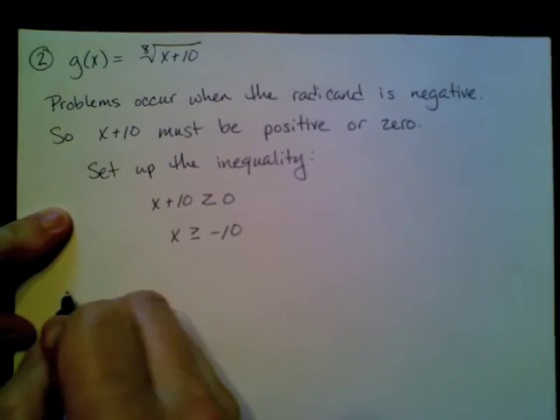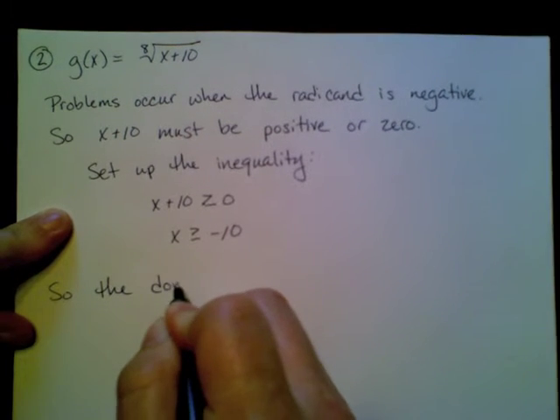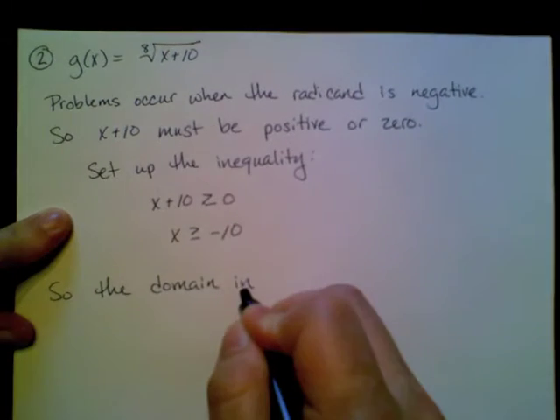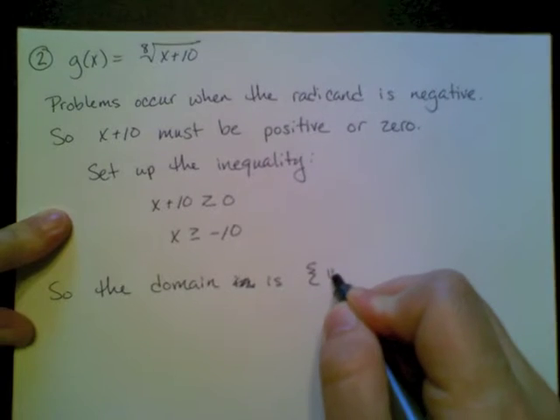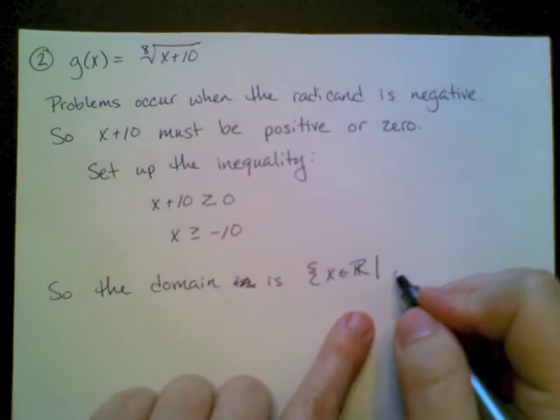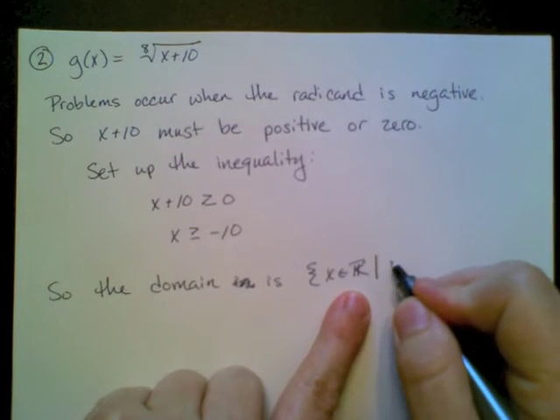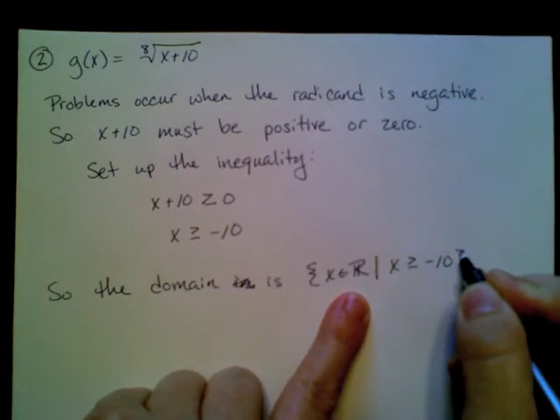So the domain is all of the real numbers, x is a real number, where x is greater than or equal to negative 10.